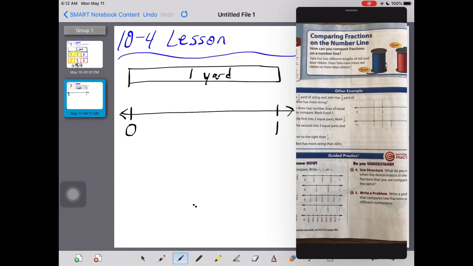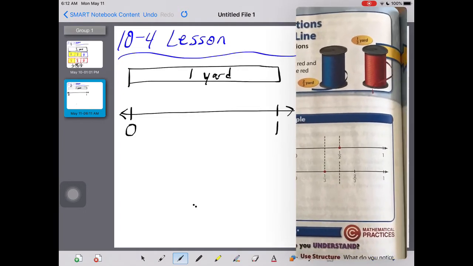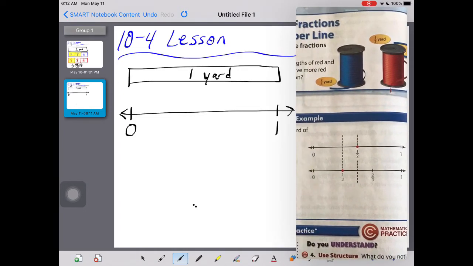Now we know that the ribbon's been broken up into thirds for the blue ribbon, because the denominator is 3. So I'm going to break this up into 3 equal parts the best I can. Okay, so I have 1 part, 2 parts, 3 parts.